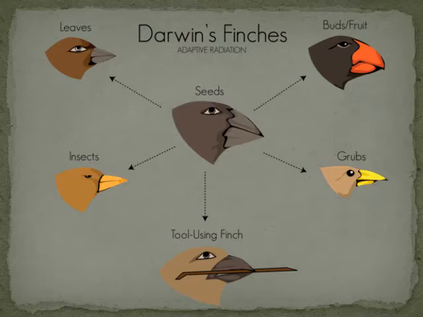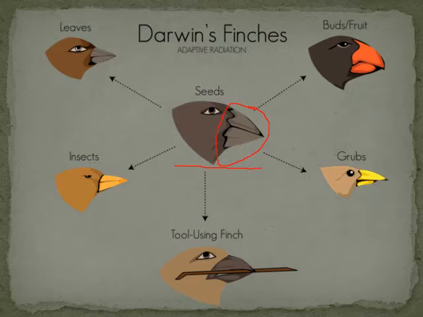And to continue with the Darwin's finches example, if we started looking at the first, let's call it the original finch that would have come from the mainland, they specifically ate seeds and their beaks were quite large. They were quite a dark color, and they're actually quite large, kind of plump birds from the mainland.